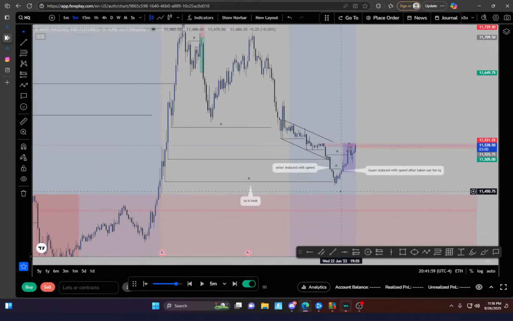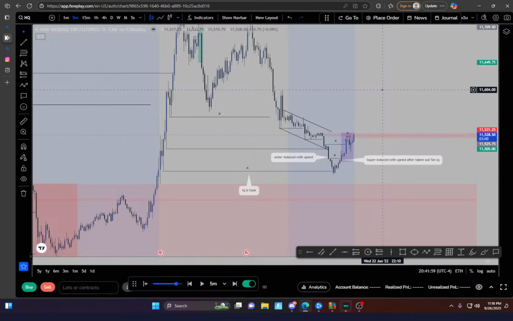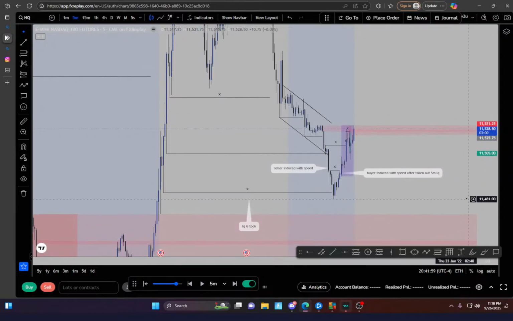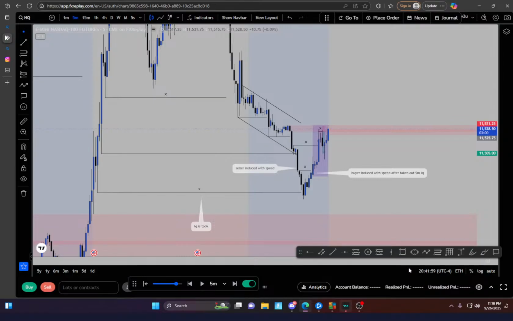Definitely when we induce a lot of sellers. You just want to look at it as a level where the people that are selling are going to get trapped. Nobody's looking at this low to the left, especially the sellers on a low time frame. So once this low gets taken out, that's when you start looking for buys, already knowing that it's going to get taken out.